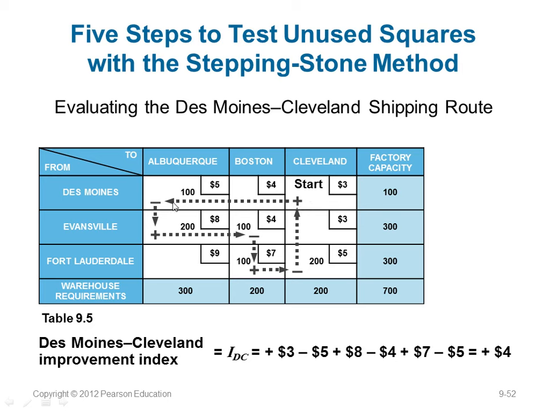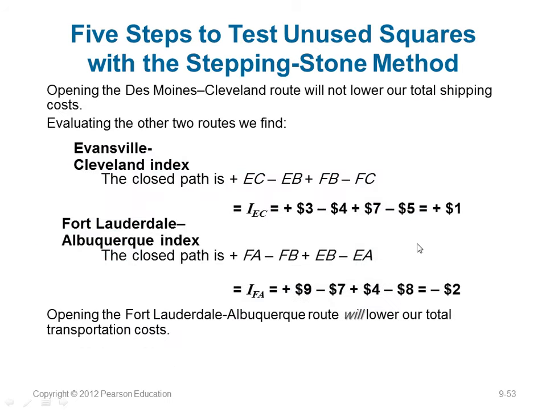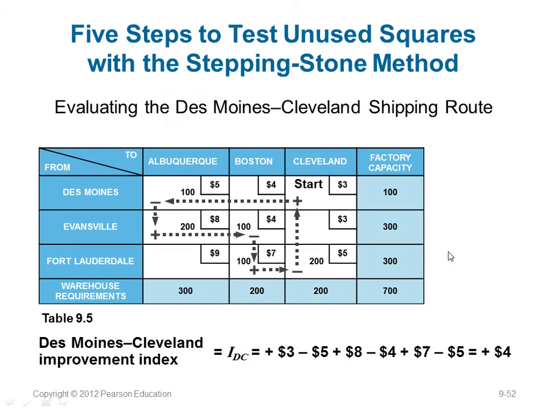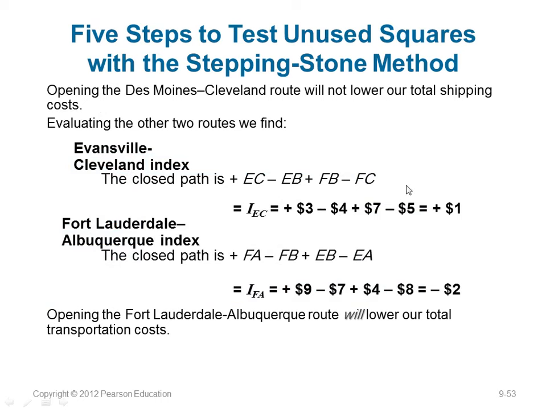You can try all the options, but you will have only one closed loop per unused cell. So calculate this: plus 3, minus 5, plus 8, minus 4, plus 7, minus 5. You get plus $4. Okay, so you'll try for all the other loops here.